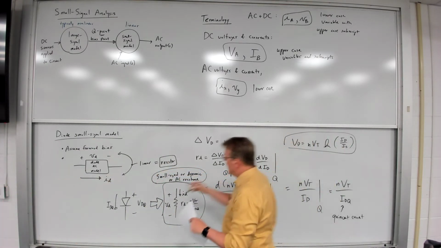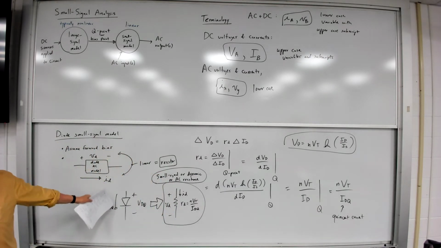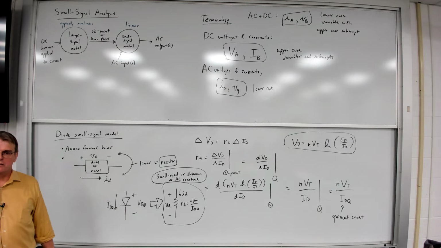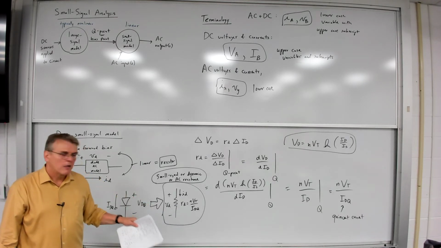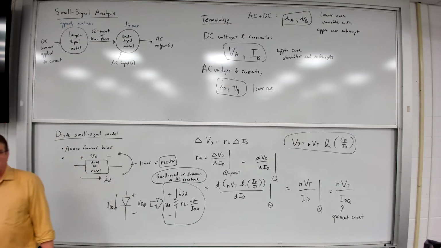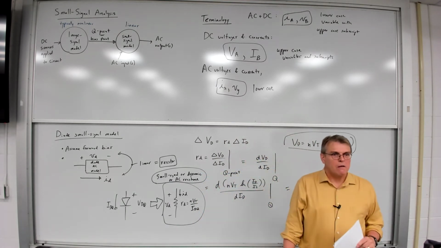This diode is biased at this region of operation, a DC current and a DC voltage across it. And in the AC domain, it will be represented by a linear resistor with a value of NVT over IDQ. Okay? All right. Questions about this?